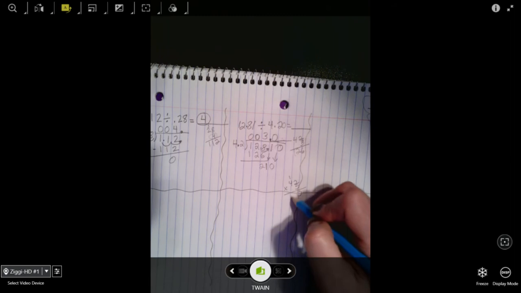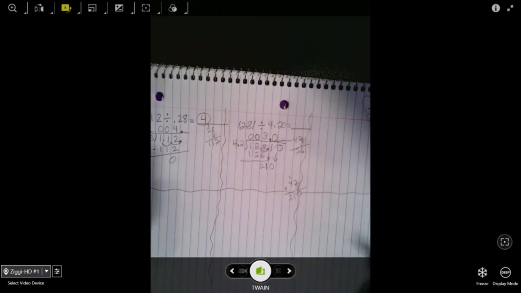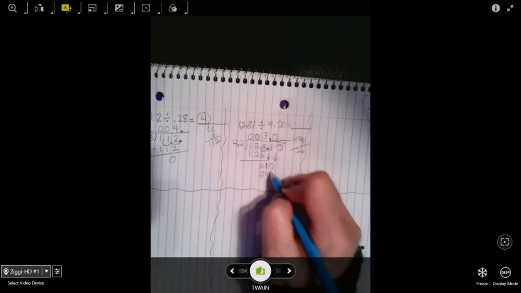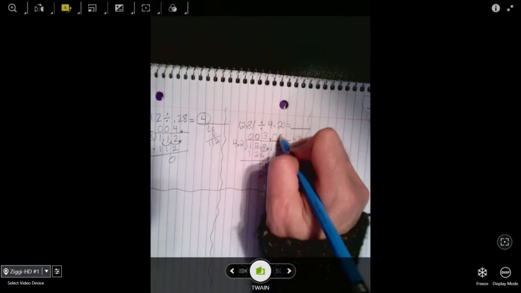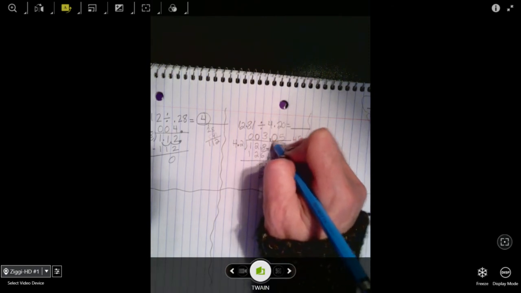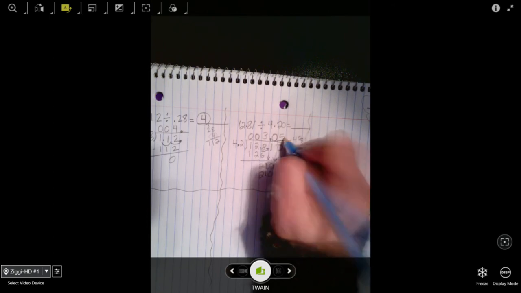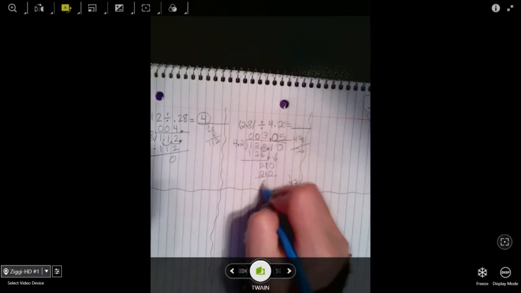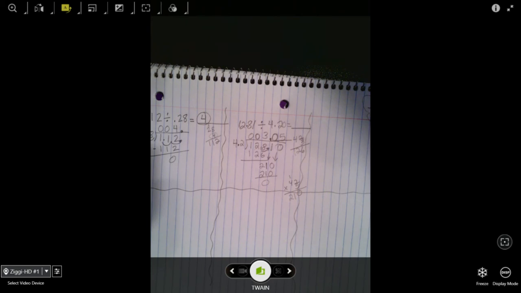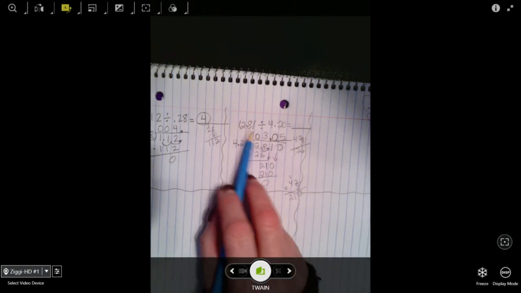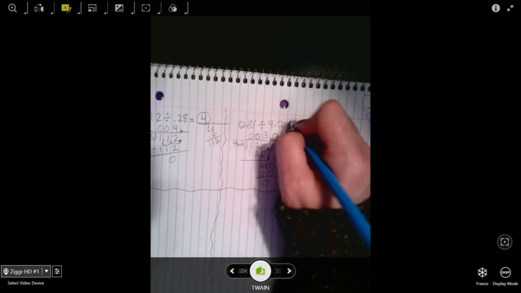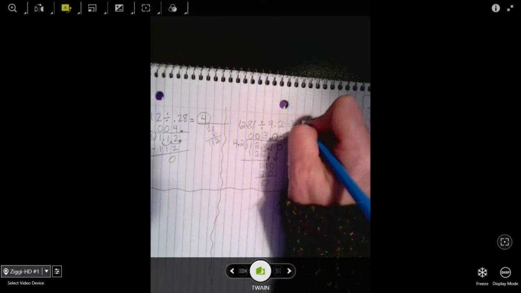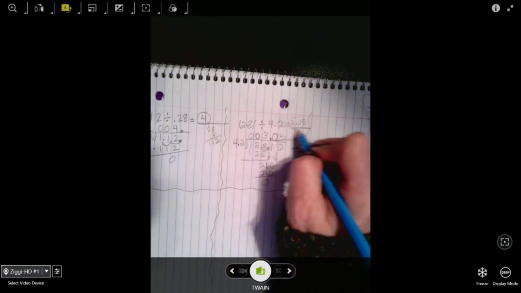That's 210. Bingo. 210. I need to put that 5 up here above the 0. Remember, I had a 0 here in the 10th place, and there are 5 hundredths. And there's nothing left over. So my answer, 12.81 divided by 4.2 equals 3.05.